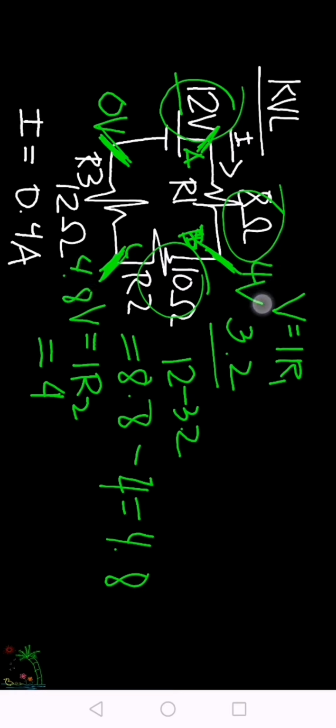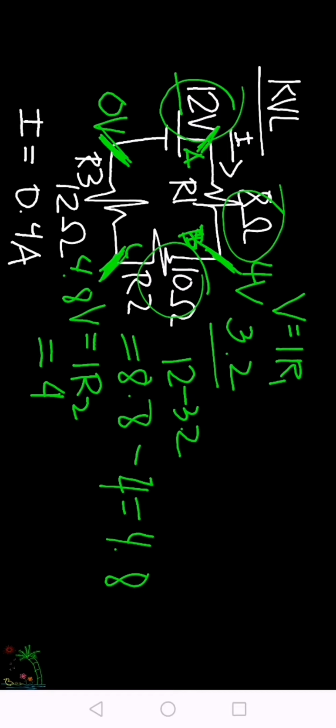So that is 4 volts. Okay, and then subtract 8.8 minus 4, that is 4.8. So the potential of this point is 4.8.